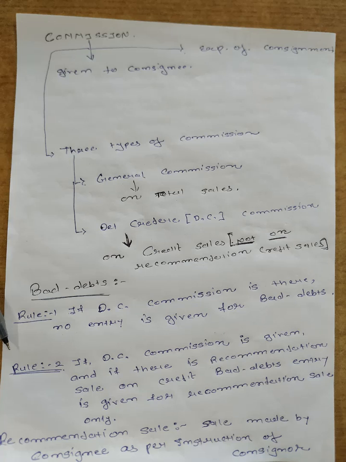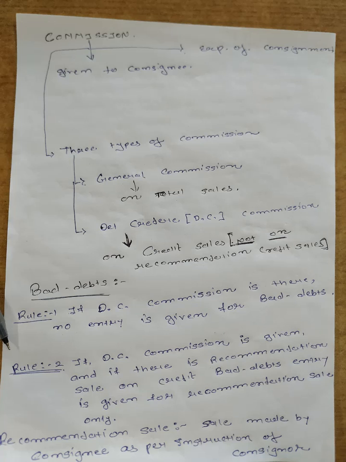For those losses, we compensate the consignee with DC commission. So here you are going to understand one thing, if DC commission is there, there is no entry for bad debts, and if there is no DC commission in the sum, you have to give the entry for bad debts.